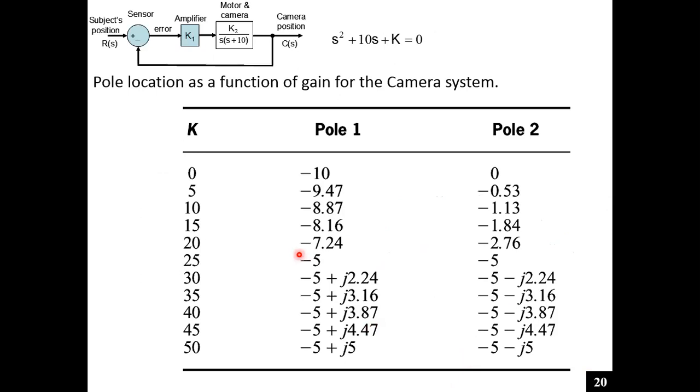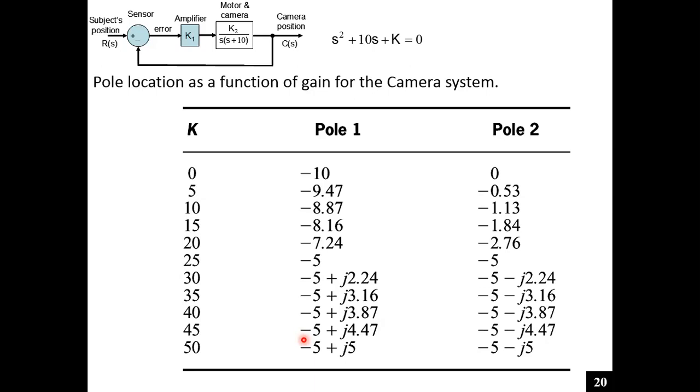As this is a second order system, we can manually change the value of K from 0 to some high value. Let's take in this case 50. For K near 0, the response is real, overdamped, and the poles are real and unequal. At K equal to 25, we get a critically damped system, and further increasing K gives us the underdamped response.